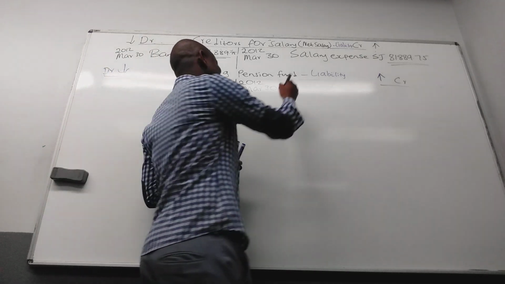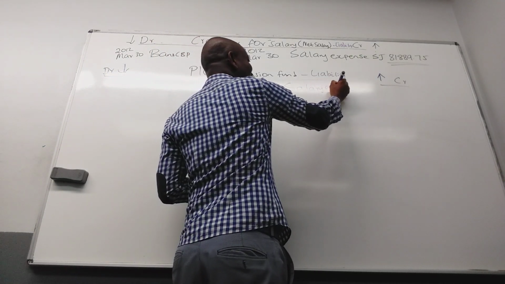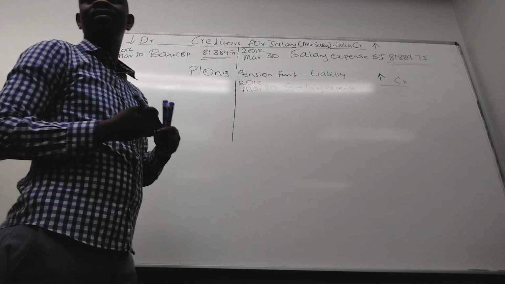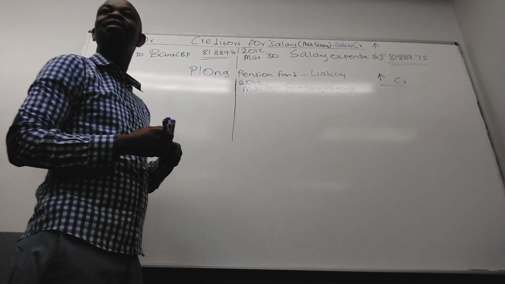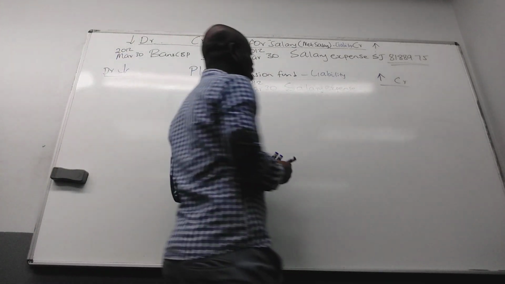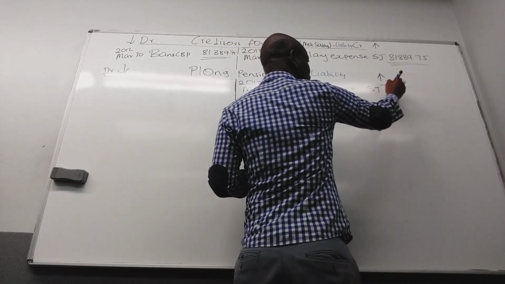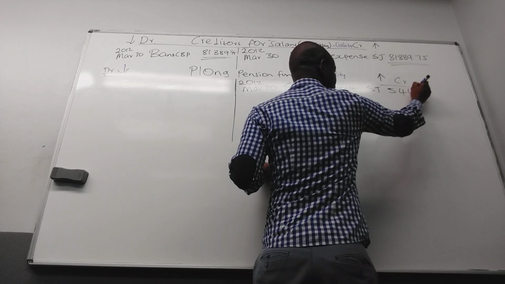Salary expense. On fire. Because it comes from there. You can put pension in brackets. Yeah, you can put pension fund in brackets, doesn't matter. SJ. 5,464.04. Like that. Yes.